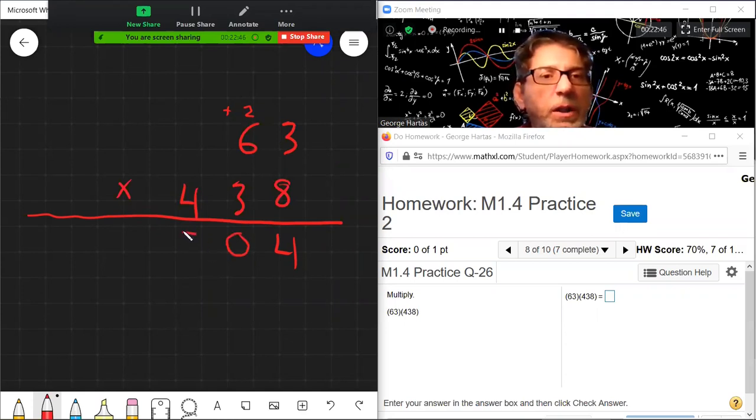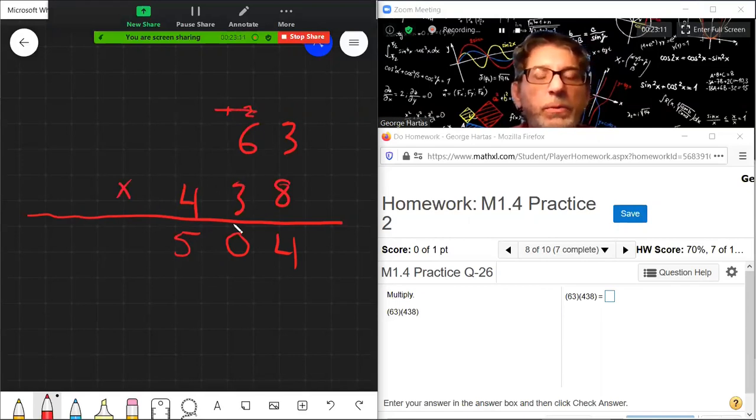Right-hand digit, left-hand digit. Now notice this 5 did not go up here because there's no more digits, right? I didn't put a plus 5 here. Or you can think of it as just dropping down, but don't even put it up there. If the answer is 50 and there's nothing here, put 50 right here. All right, so we finished multiplying with the 8.